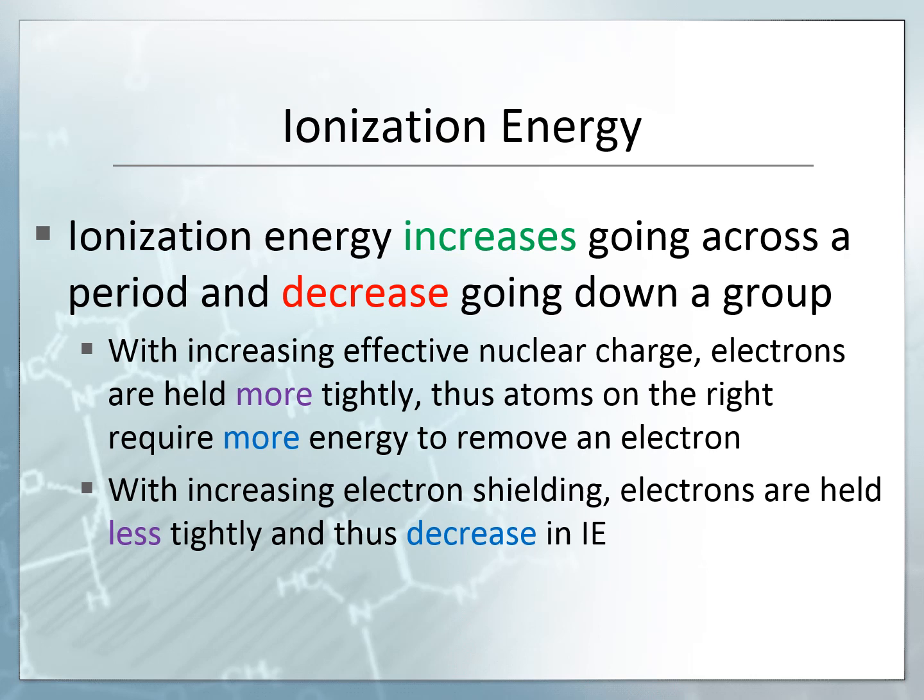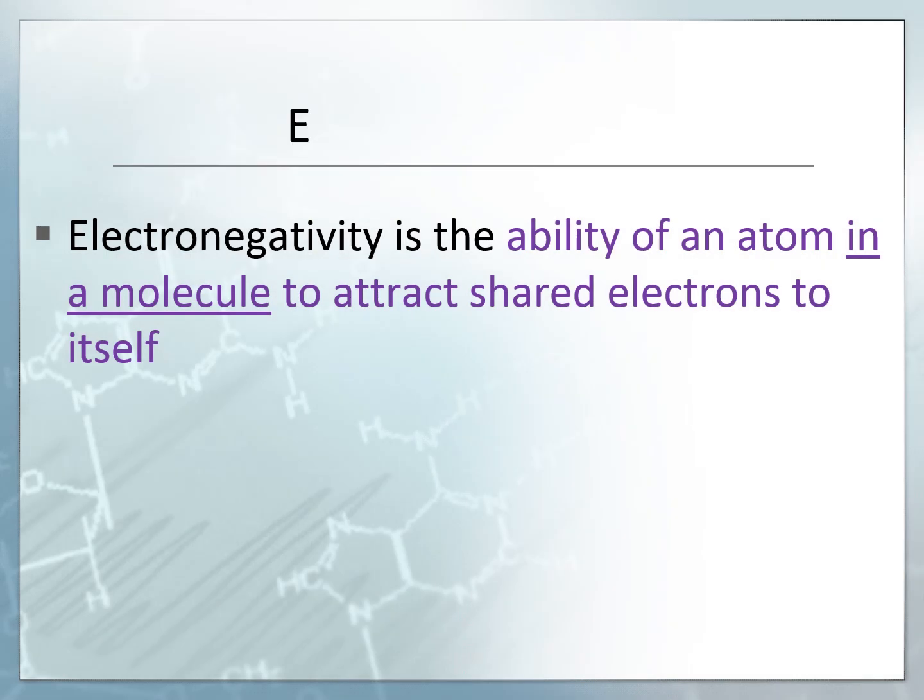Ionization energy increases going across a period and decreases going down a group. With increasing effective nuclear charge, electrons are held more tightly, thus atoms on the right require more energy to remove an electron. Down a group, with increasing electron shielding, electrons are held less tightly and thus ionization energy decreases.